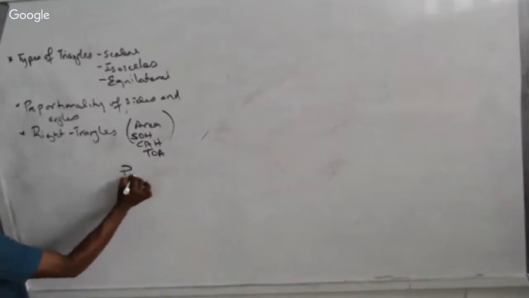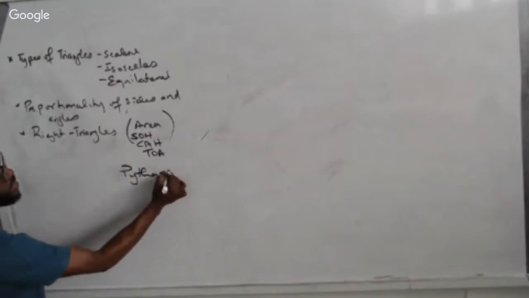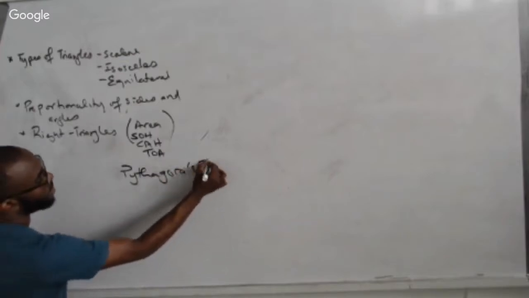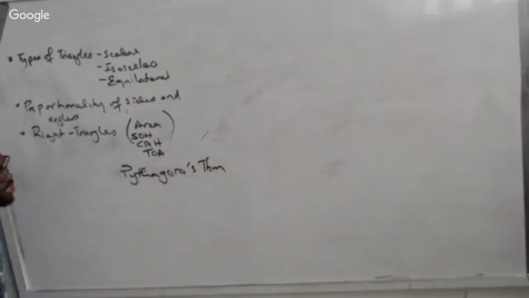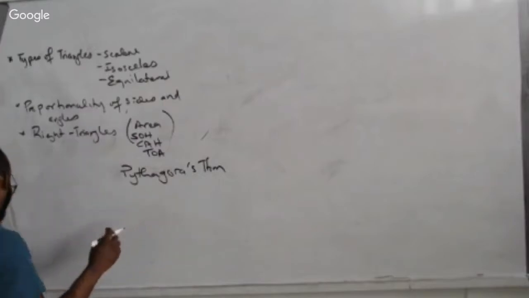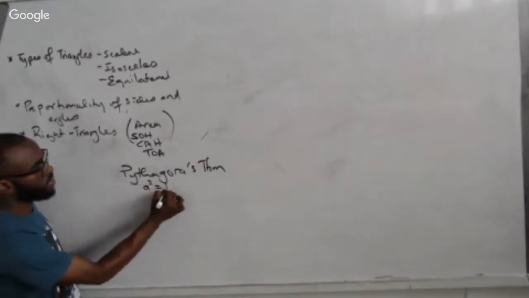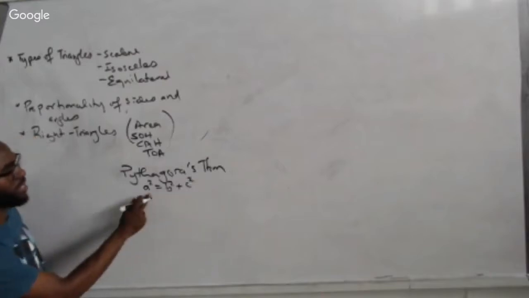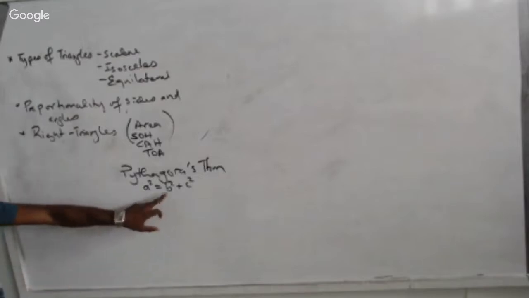Pythagoras theorem or Pythagorean theorem, whichever one you want. That was a squared equals b squared plus c squared, where a is the hypotenuse. So all the time, the longest side goes here, and the two shorter sides go over here and are added, right?